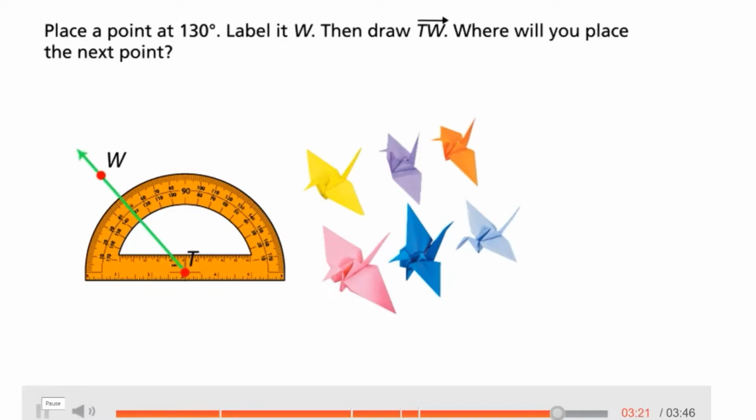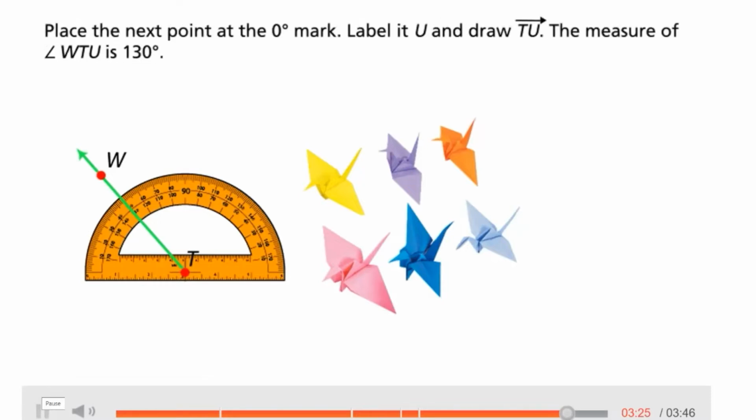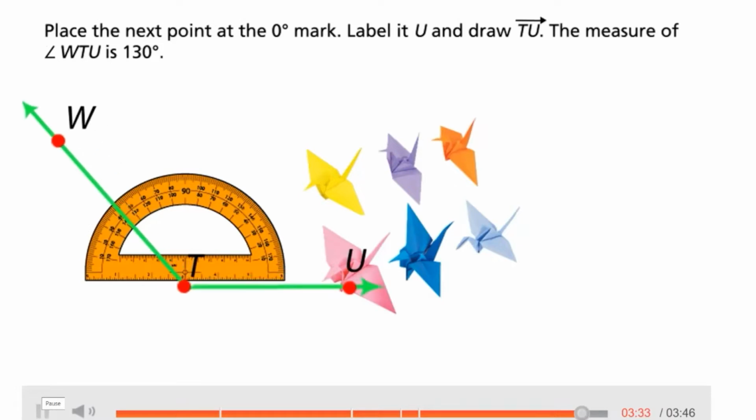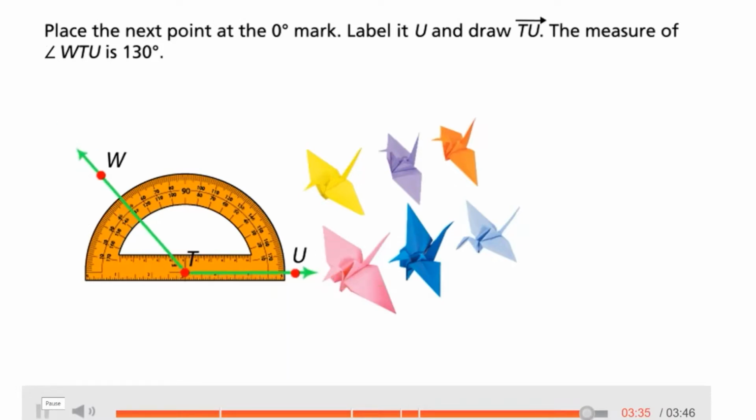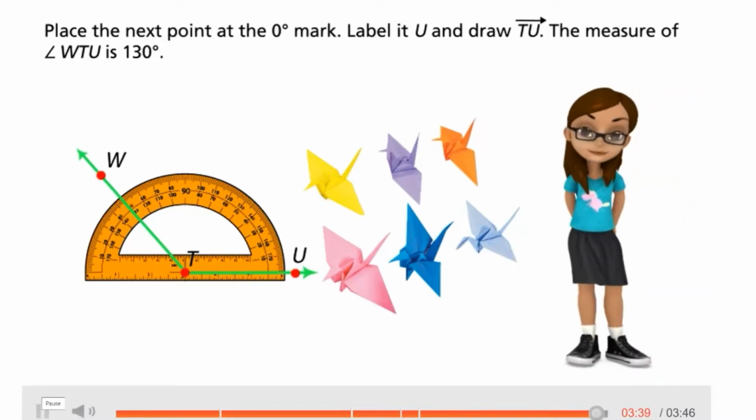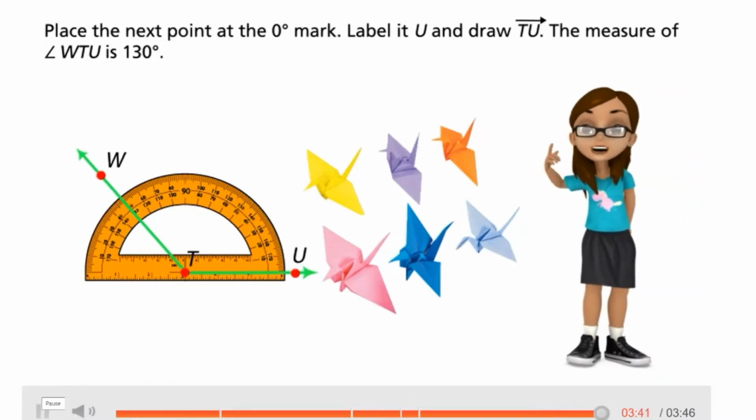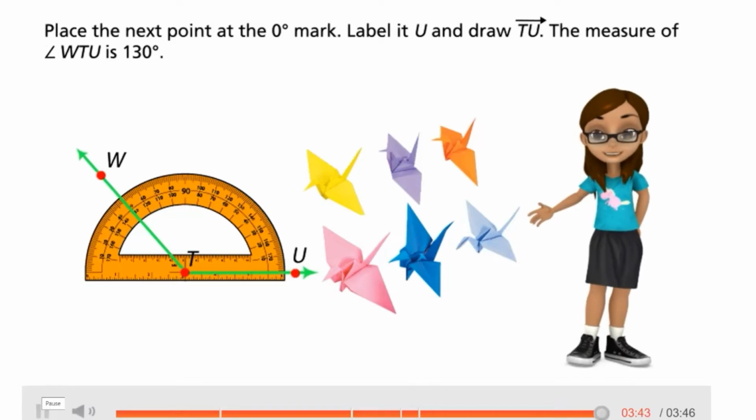Where will you place the next point? Place the next point at the 0 degree mark. Label it U and draw a ray TU. The measure of angle WTU is 130 degrees. Now you know how to measure and draw angles.